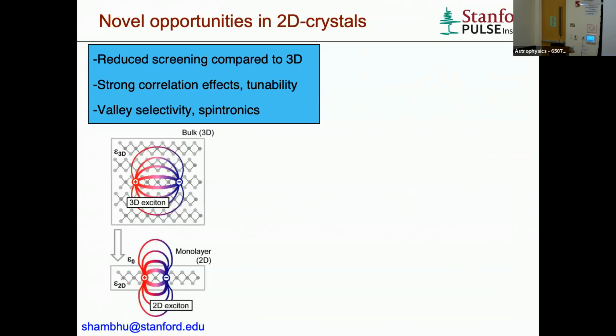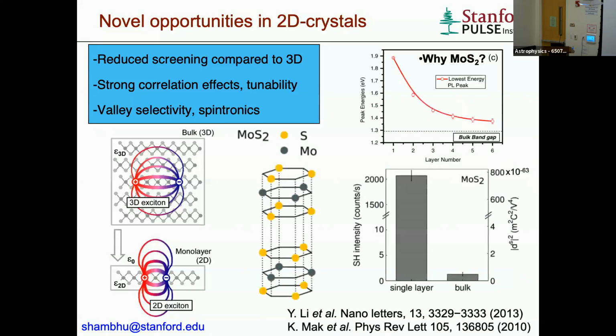In particular, this MoS2 crystal has been studied a lot by the group of Tony Heinz and others. For example, they have used second harmonic generation to measure the atomic scale structure of the surface, and we decided to also study high harmonic generation in the strong field limit using this platform.